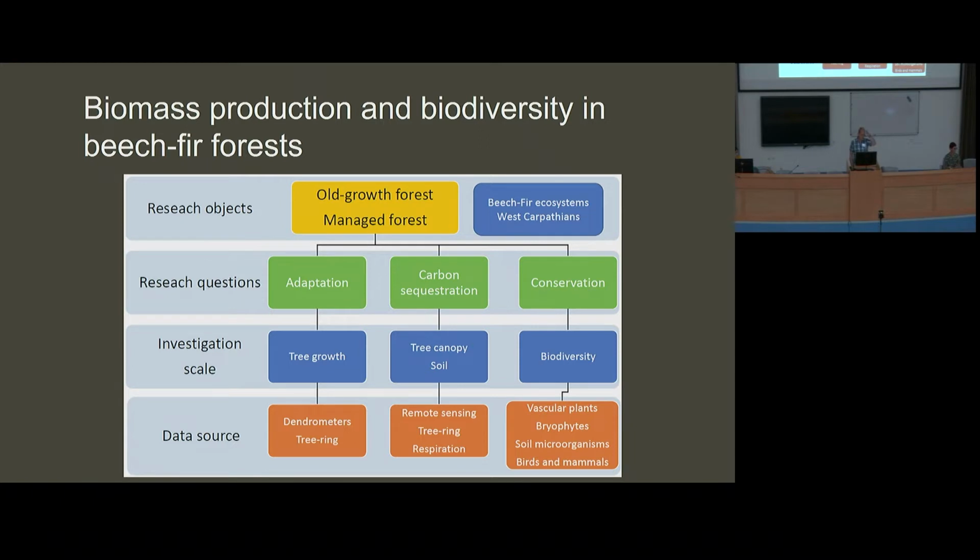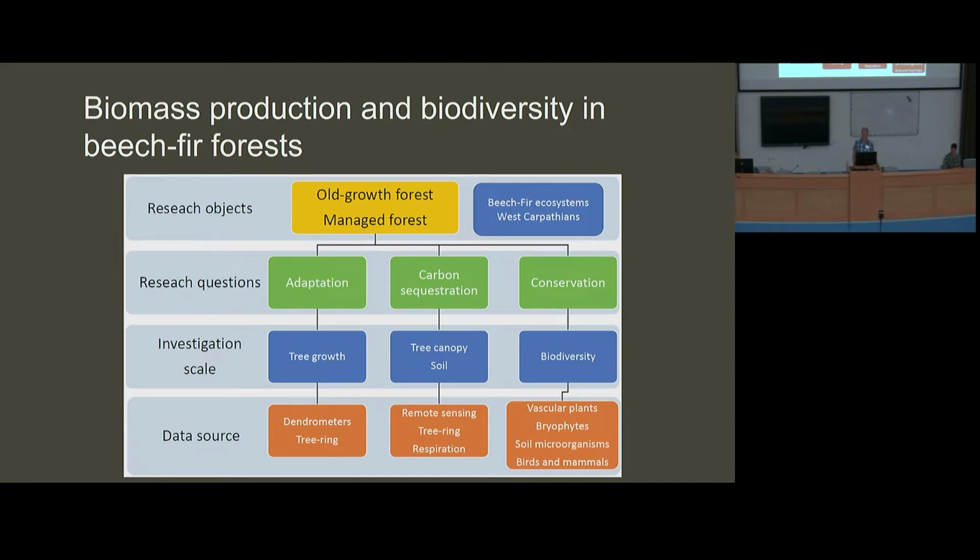First is a national project focused on exploring the trade-off or relationship between biomass production and biodiversity, specifically in beech-fir forests. Why beech-fir? Because beech is a frequent, dominant and important species, at least in Central Europe.